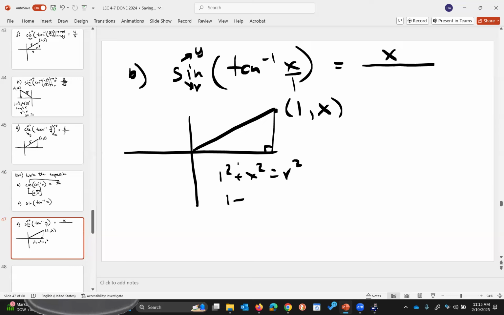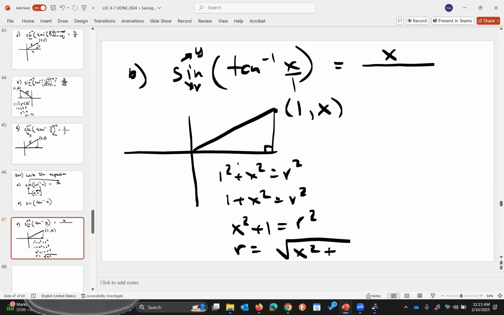So 1 plus x squared is equal to r squared. Therefore, x squared plus 1 is equal to r squared. Therefore, r is equal to the square root of x squared plus 1. Are we good? And we go right over here and we get x over the square root of x squared plus 1. Are we good? Yes.